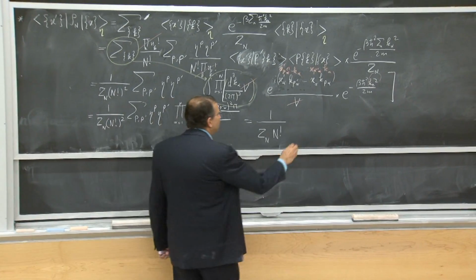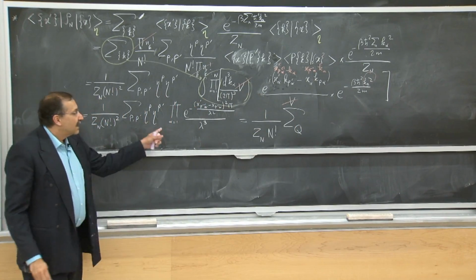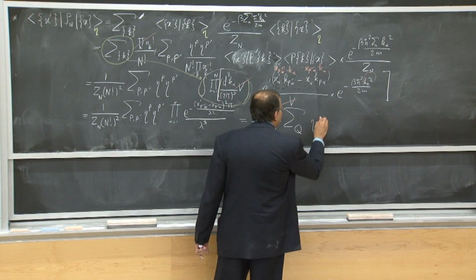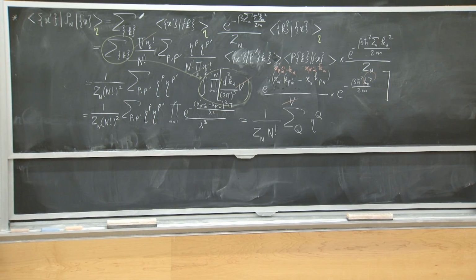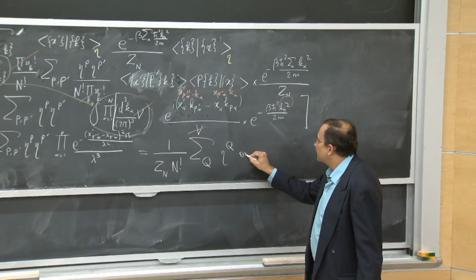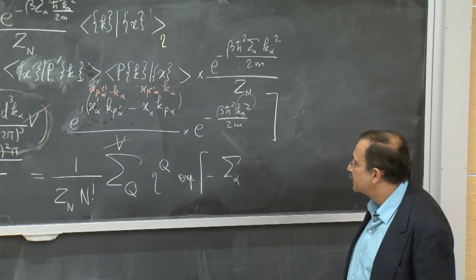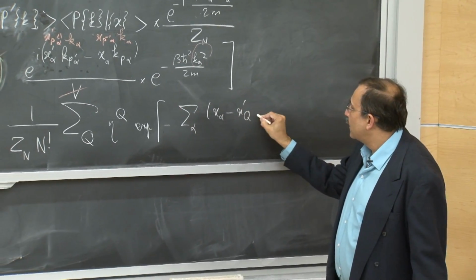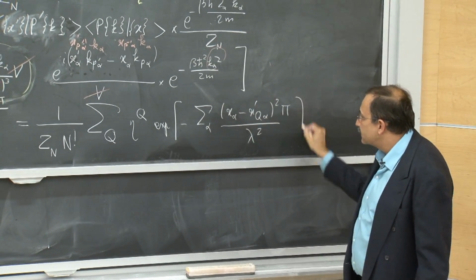And I will have only one permutation left, q. And what will appear here would be the parity of this q, that is the combination, or if you like, the relative of these two permutations. And I have an exponential of minus sum over alpha, x alpha minus x prime q alpha squared pi over lambda squared.